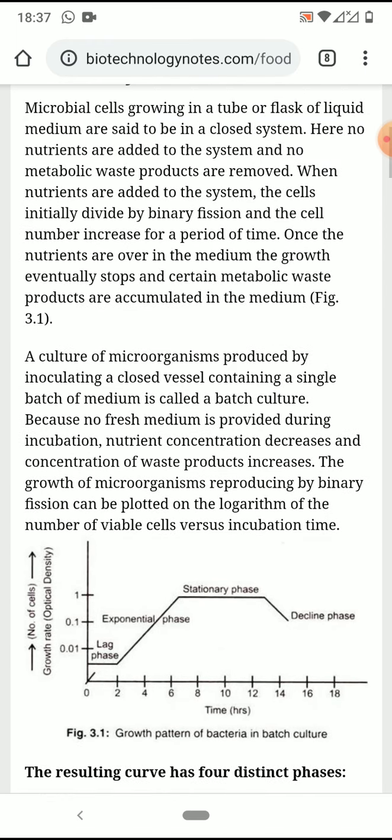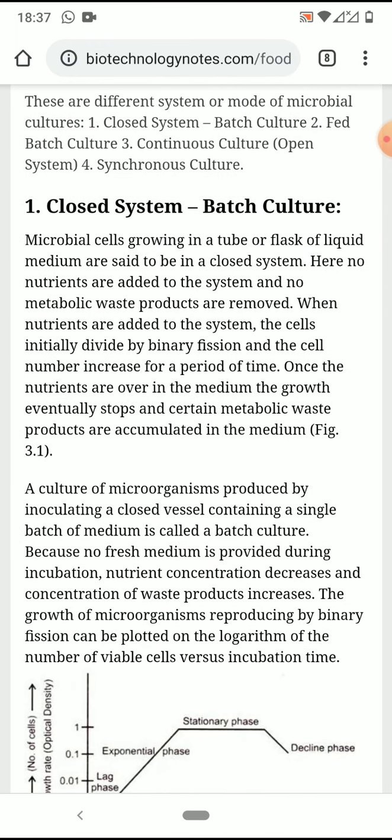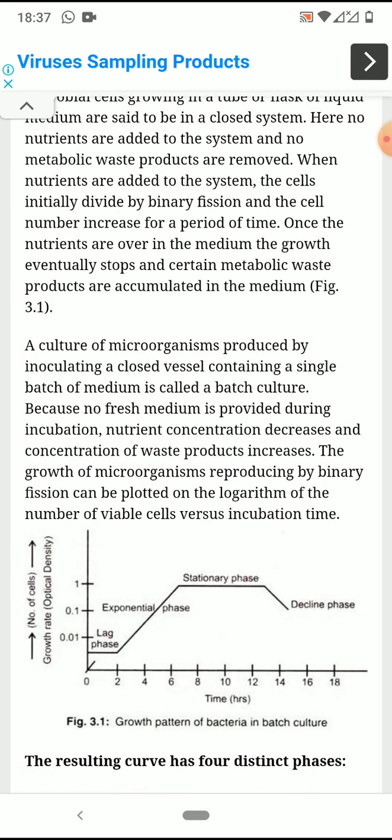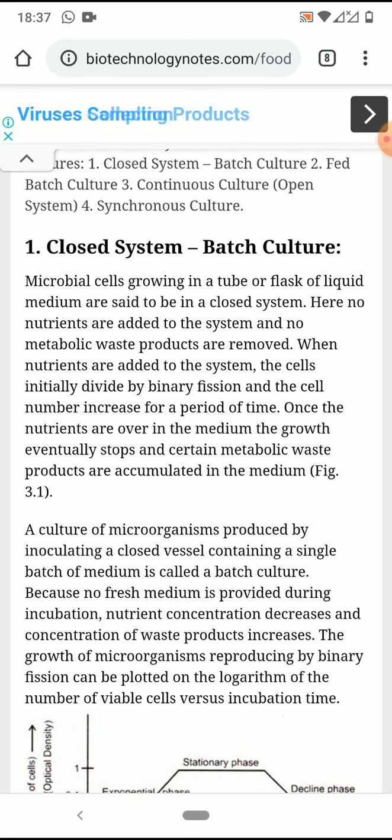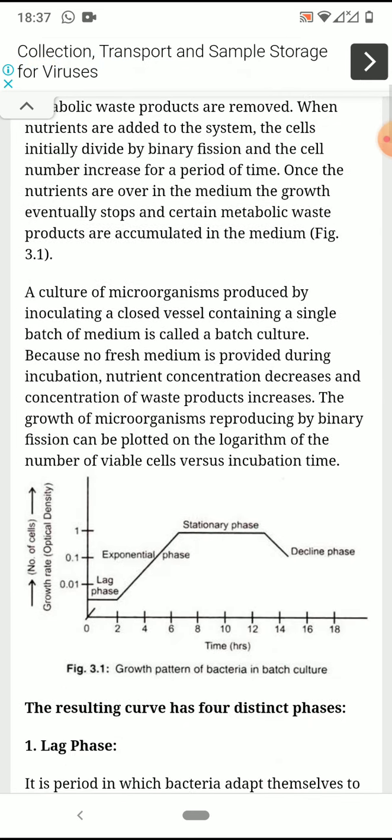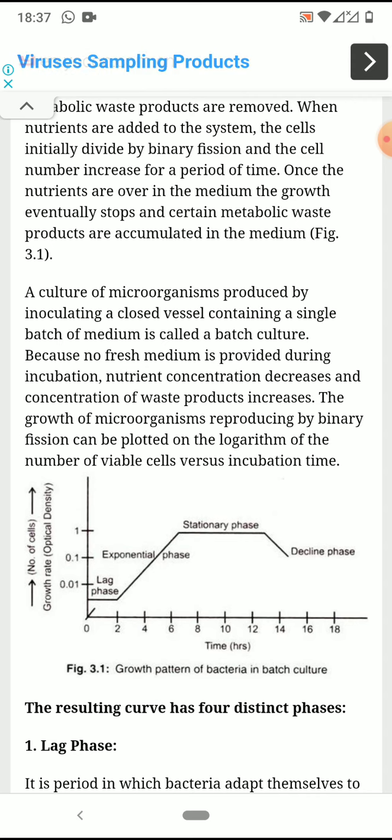Then there is another kind of batch culture, with quite a variation, called fed batch culture. That is, into this batch culture something is fed. Feeding is nothing but providing food, so something is being provided to the bacteria.